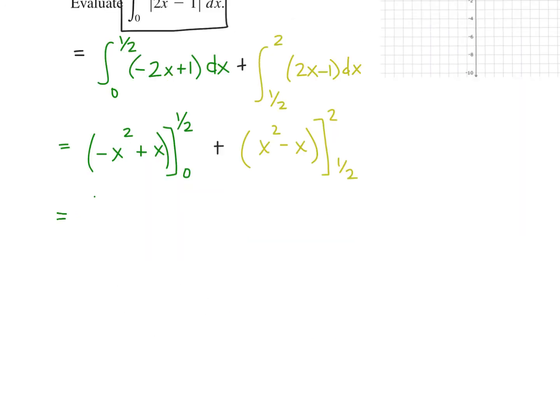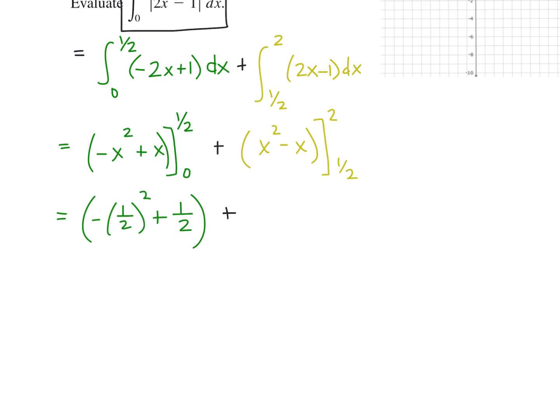Plugging in here, we'll have negative 1/2 squared plus 1/2. Then the interesting thing here is that we have a 0. Now we can clearly see that if we evaluated this here at 0, we would just get 0. Therefore, I'm not going to even bother evaluating at 0 and subtracting it, as it's not going to change the overall output. I can move directly on to evaluating what's in yellow.